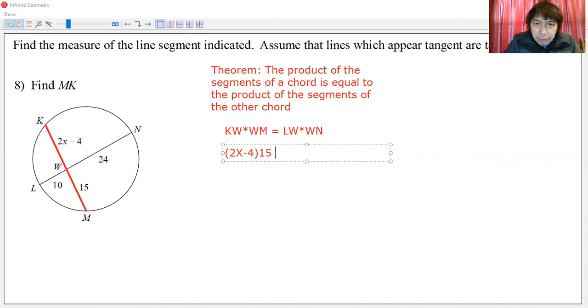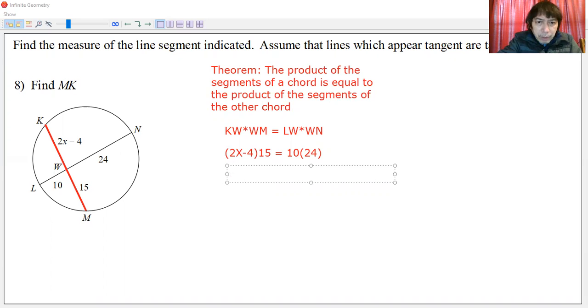Okay, must be equal to LW, that's 10, times the segment WN, which is 24. Okay, there. All right, so we have a simple linear equation here, and we shall continue by division.